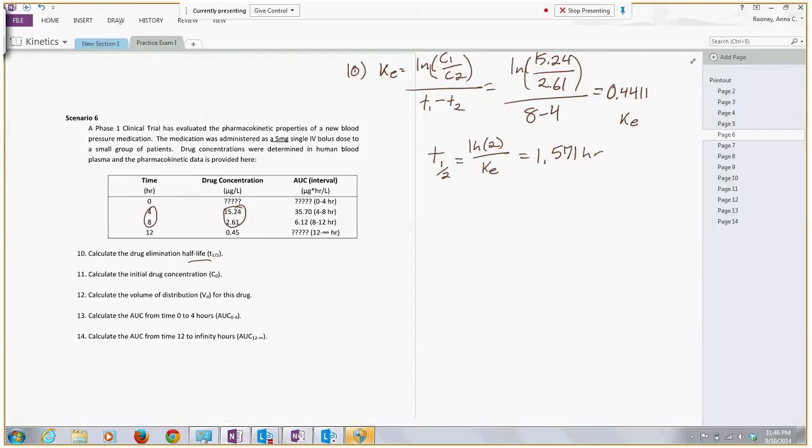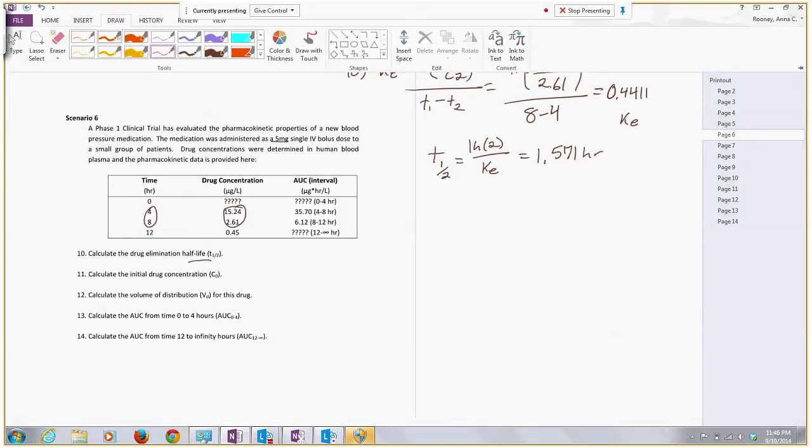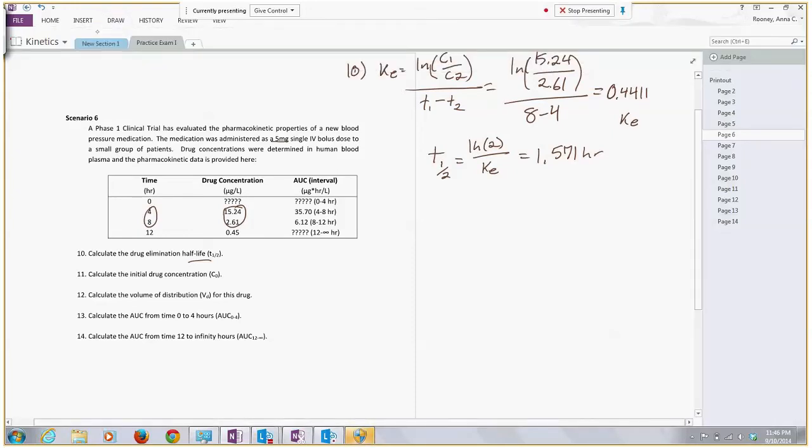I think I should switch colors for these, because there's 5 of them. So, 11, calculate the initial drug concentration.